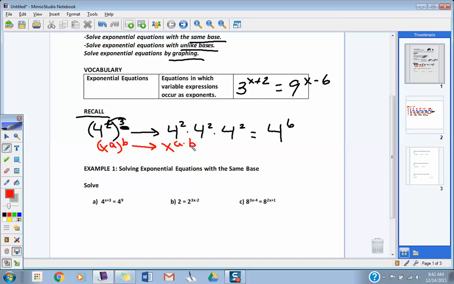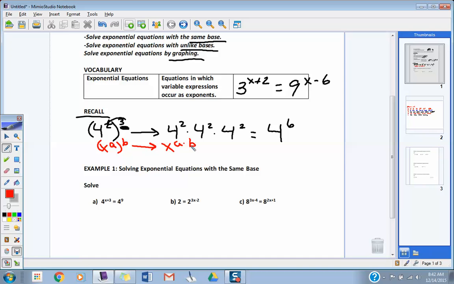So in parentheses, 2 to the 3rd, and then outside of parentheses to the 7th. 2 to the 3rd to the 7th is the same as 2 to what power? Somebody said it. 2 to the 21st, so 7 times 3 there, okay?